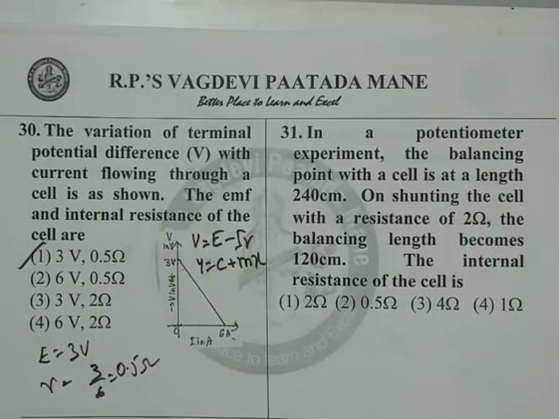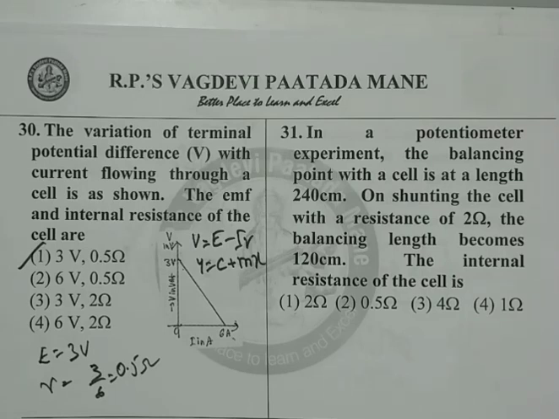31st question. In a potentiometer experiment, the balancing point with a cell is at length 240. On shunting the cell with resistance of 2 ohm, the balancing length becomes 120. The internal resistance of this cell is?